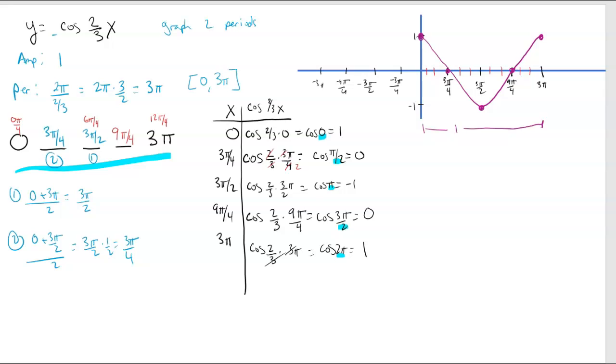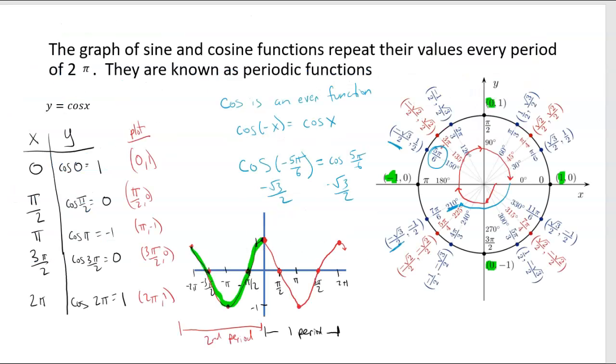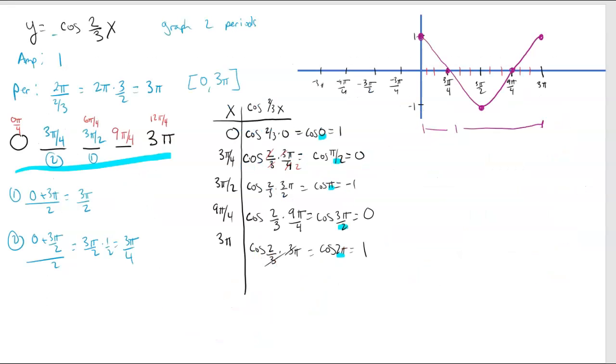So again, if you plug these values in, we have to remember that I said cosine was an even function, so it doesn't matter if it's negative, right? It's still going to be the same thing as a positive value. So these guys are going to follow the same pattern. And it almost looks like a bird.